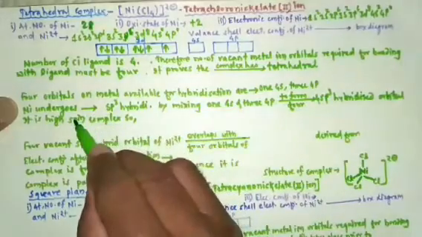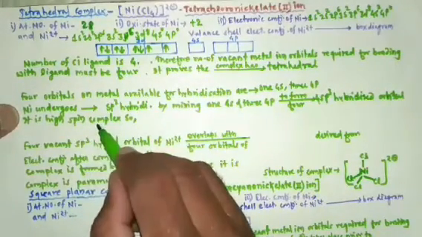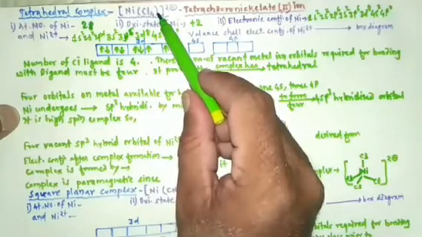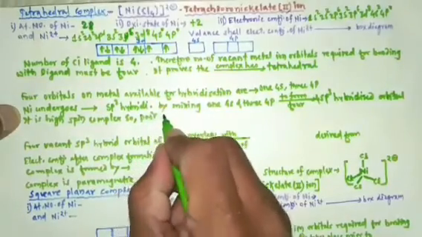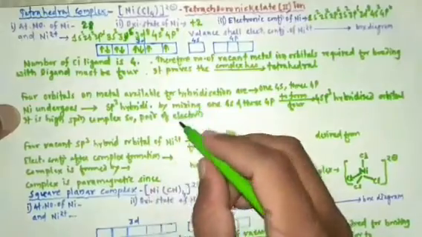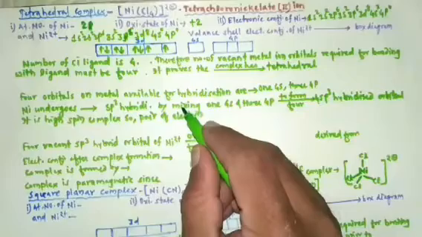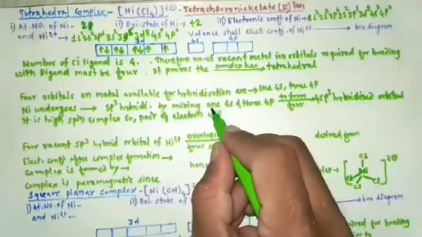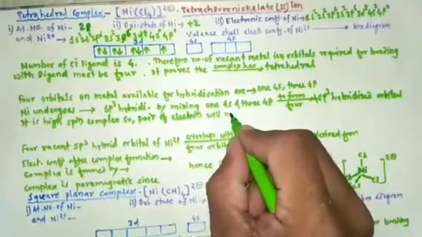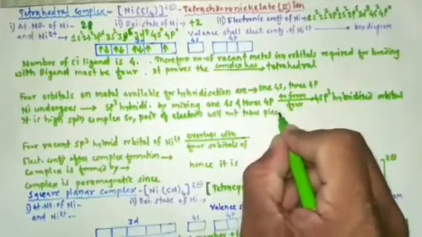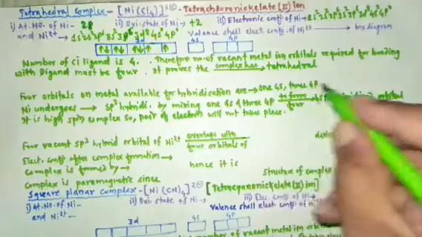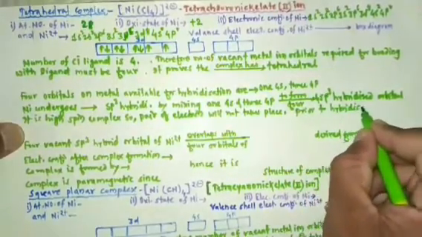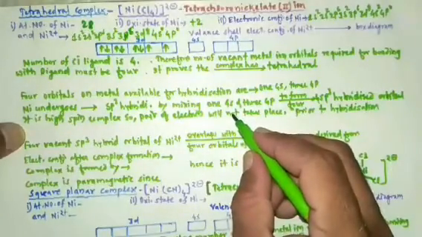It is a high spin complex. Therefore, pairing of electrons will not take place prior to hybridization.